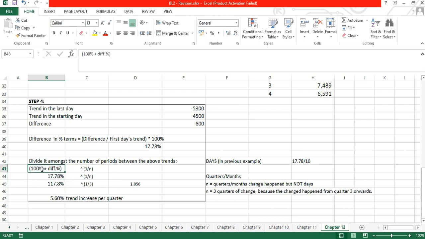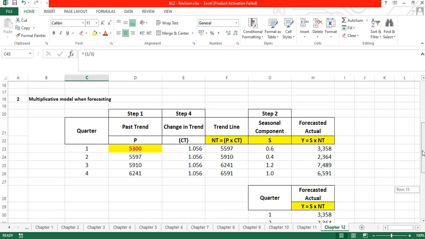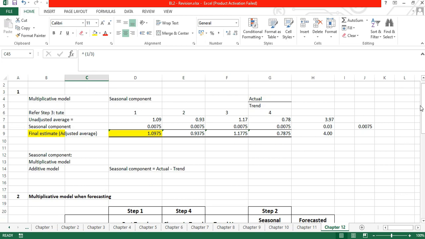Then add 100 to the percentage and get the answer. Those are the main things you should remember. Make a note of it. Apart from that, everything else is easy. It's just a matter of using the table.